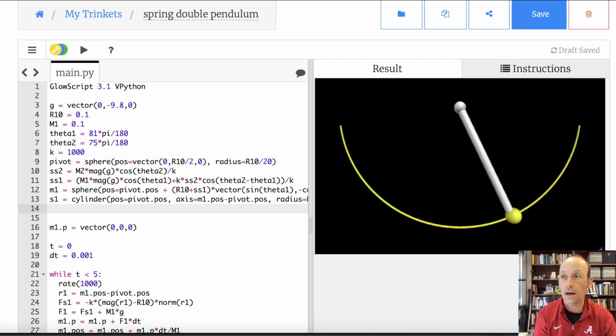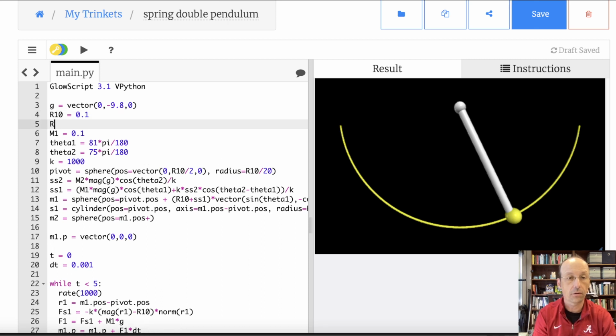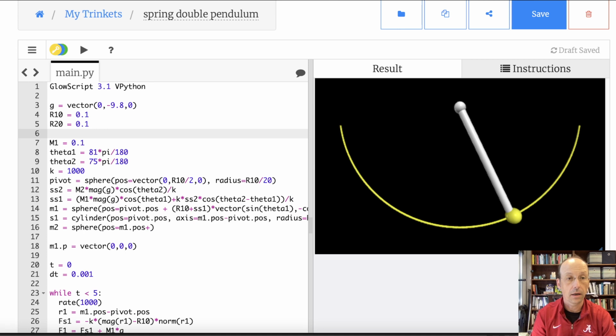So let's say M2 is a sphere. Position is going to be equal to M1.pos. I'm not going to add it to the pivot, I'm going to add it to the other one. So M1.pos plus, oh, I need this R20 equals 0.1.